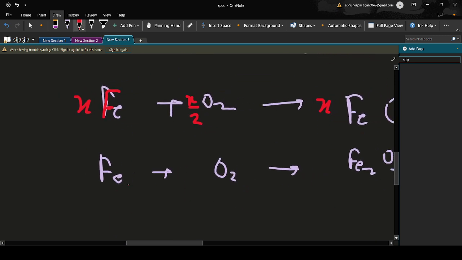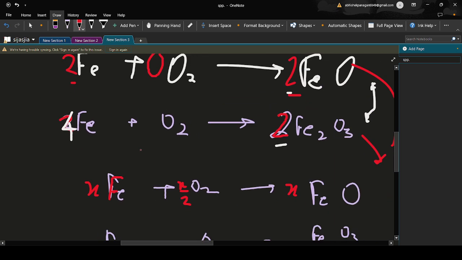Next, if we go back to the second reaction here, let me write this clearly. So if you assume that 4 moles is giving 2, and if we assume this to be Y moles, it will produce Y by 2 moles of Fe2O3.